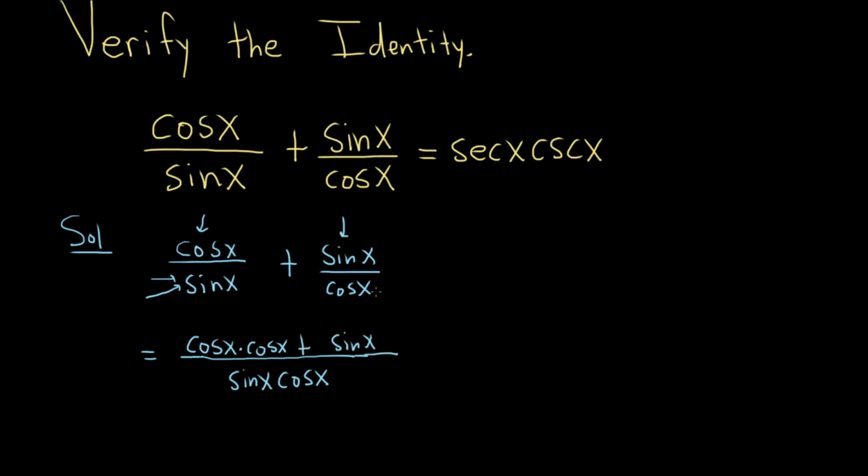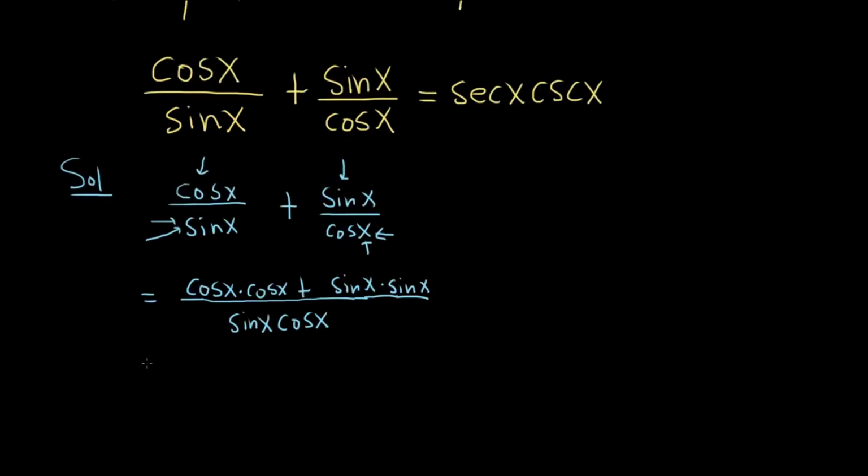And then you look down here and you ask yourself the same question. What's missing here to get the LCD? You already have cosine, so you just need the sine function, so sine x. All right, this is going to be equal to, so cosine times cosine is cosine squared x plus, and then sine times sine is sine squared x.